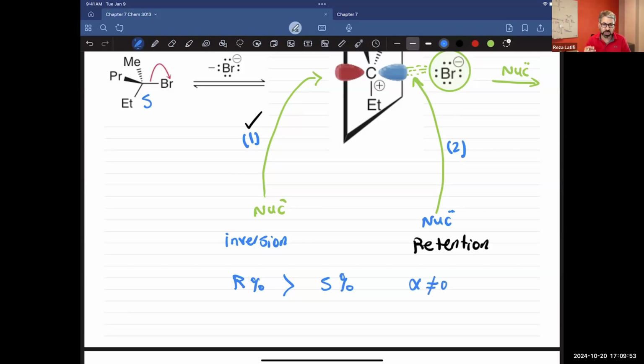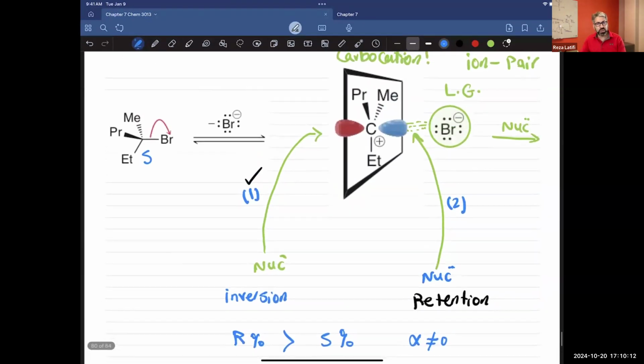You will have some enantiomeric excess of one of these enantiomers, and R is the one with the higher percentage. That's the stereochemistry of the SN1 or E1.